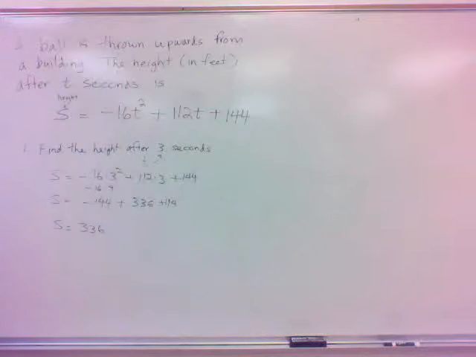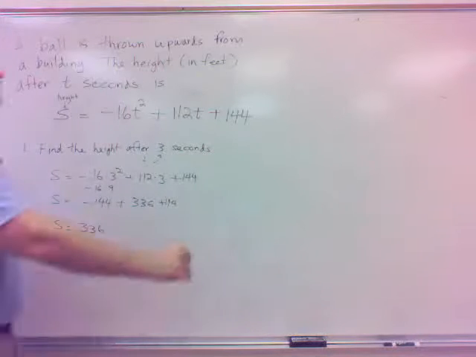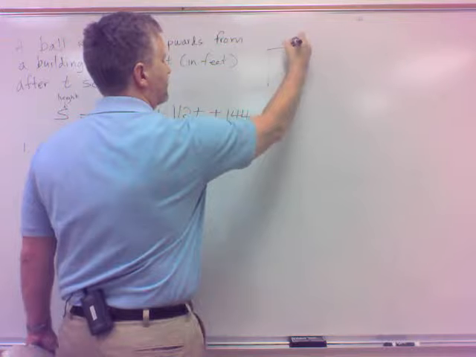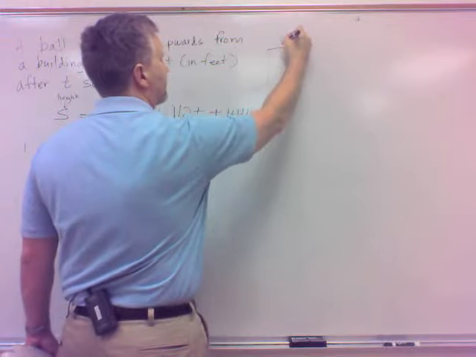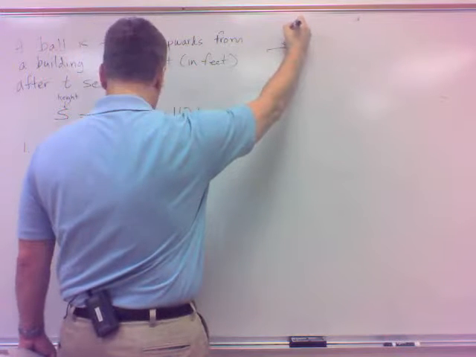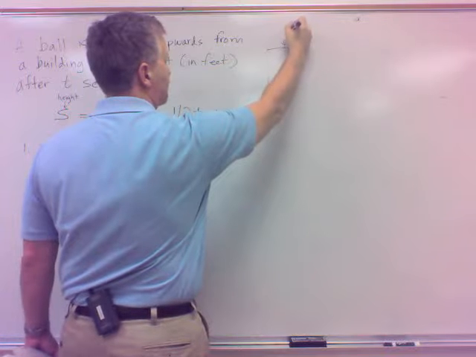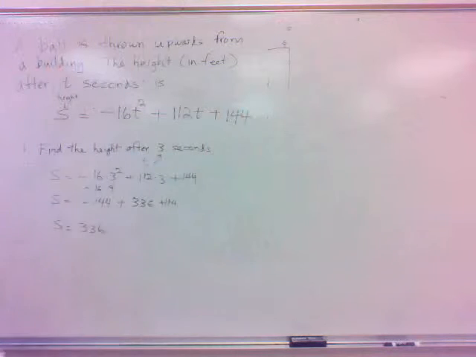Now, the picture here, you got your building, and got your little guy here throwing it, or girl, doesn't have to be a guy, but throwing that ball. So the ball here, rising up, gets us to, after 3 seconds, it's 336 feet high. All right, so if you're given the seconds, just plug in those values and get the height.